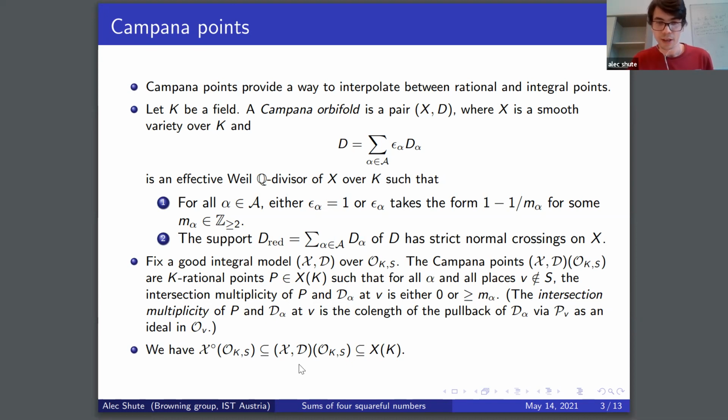In the middle here, we've got the set of Campana points, and they contain the integral points and are contained in the rational points. The left-hand inclusion would be an equality if all of the epsilon_alphas are equal to 1, and the right-hand inclusion would be an equality if all of the epsilon_alphas are 0, in other words, if the divisor D is 0.